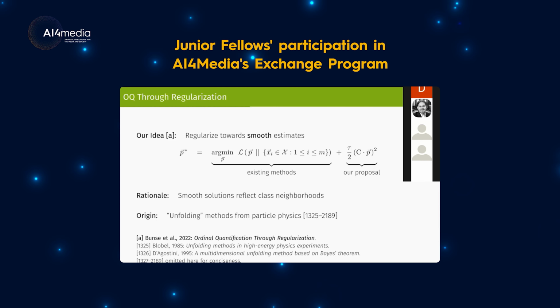And part of our contribution is to unify the methods from the physics literature and from computer science literature in a common framework that characterizes algorithms from both fields in terms of a loss function, in terms of a regularizer, and in terms of a feature transformation. And we can reuse these regularization terms from physics also in computer science to address problems like, for example, sentiment quantification on text.